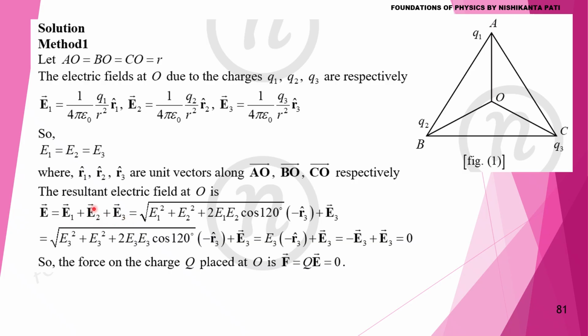For E1 vector and E2 vector, the angle between them is 120 degree. E1 vector plus E2 vector has magnitude root of E1 square plus E2 square plus 2 E1 E2 cos 120 degree, directed along minus R3 cap.